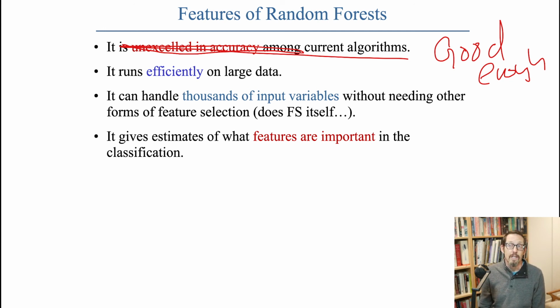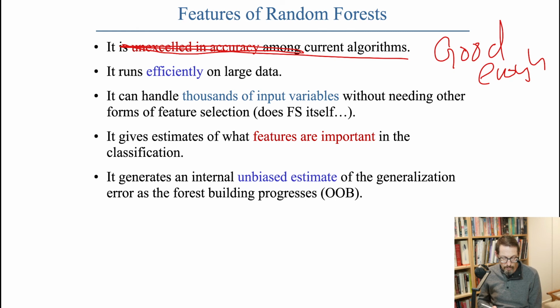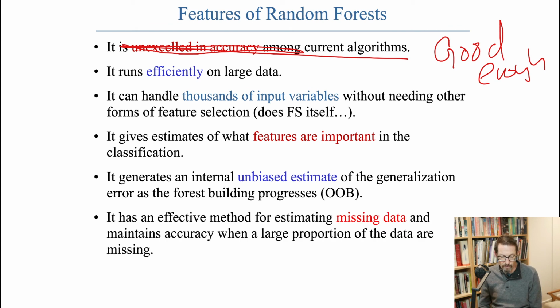It also gives us estimates of what features are important, like we just closed out with. And we have this internal unbiased estimate of the generalization error, which comes out of the building process with the out-of-bag generalization. It's also an effective method for dealing with missing data, because you can essentially infer what's missing using a tree approach.